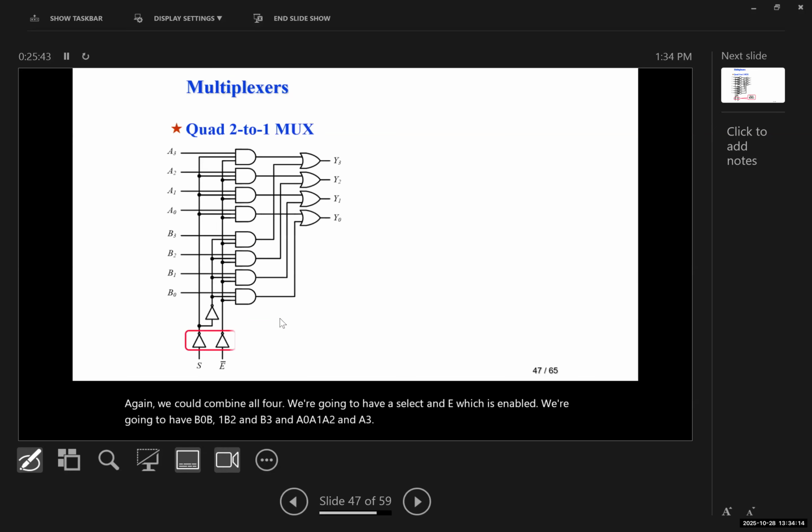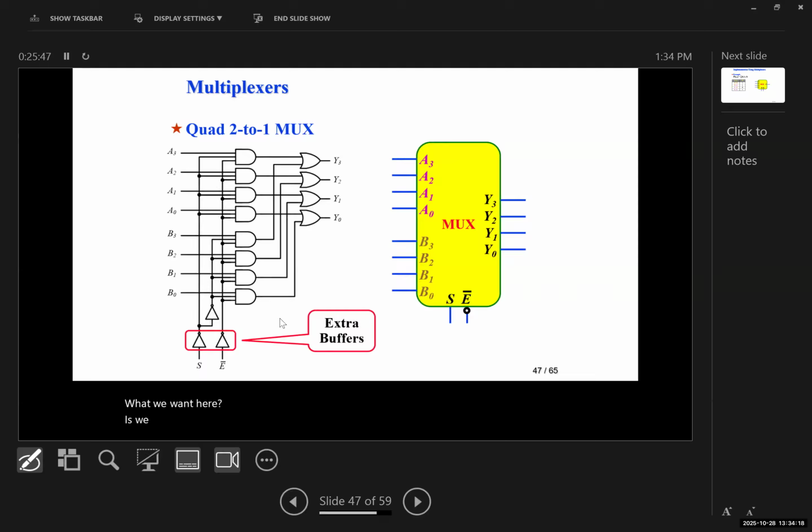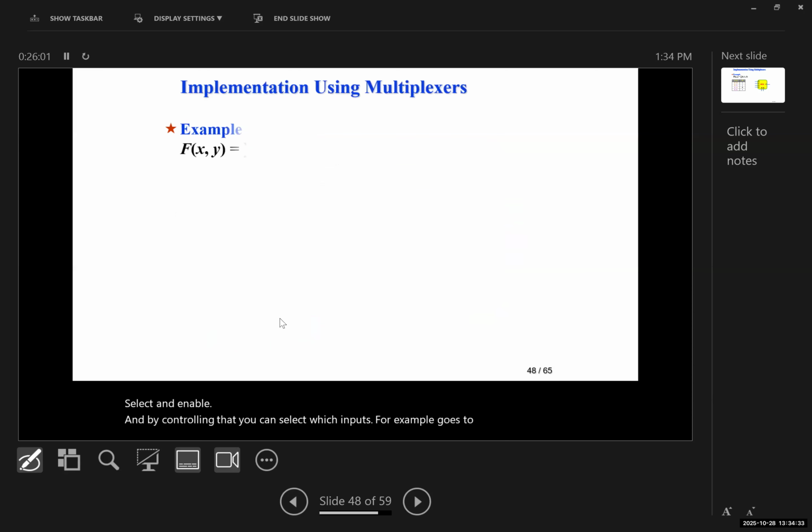But what we want here is to be able to control them separately, and therefore we can control the select and enable. And by controlling that, you can select which inputs, for example, go to the output.